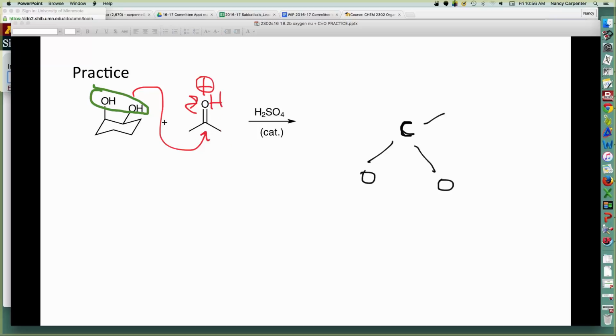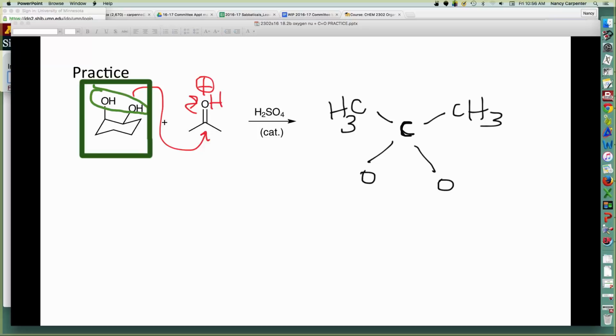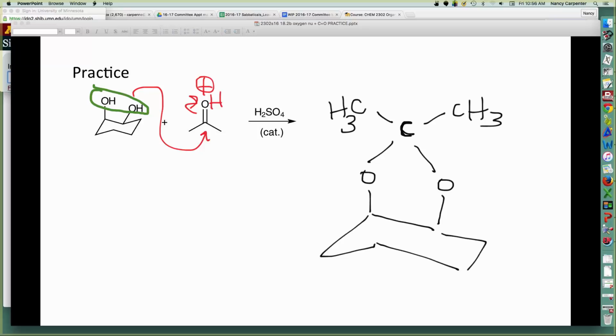So CH3, CH3. And what do I know about my diol? Well, I'm going to end up with an acetal, ketal if you want to be persnickety, which sometimes I like being persnickety.